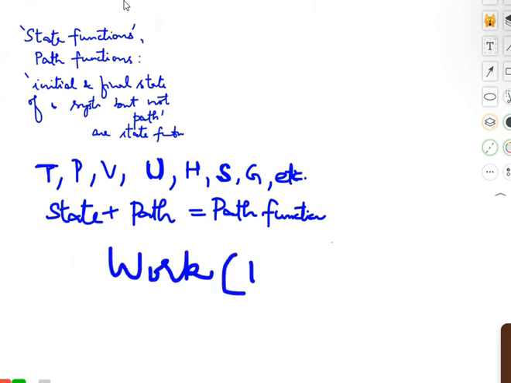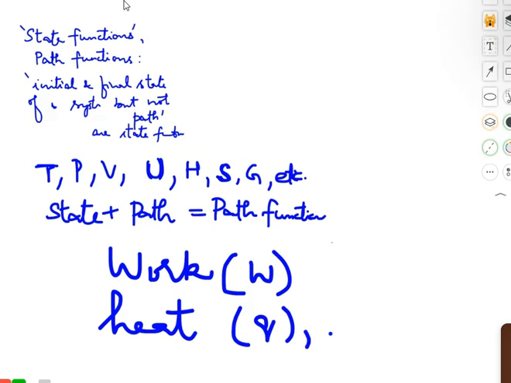Work is a path function. Heat is a path function. Molar heat capacity as well.